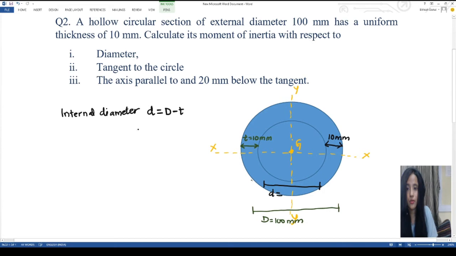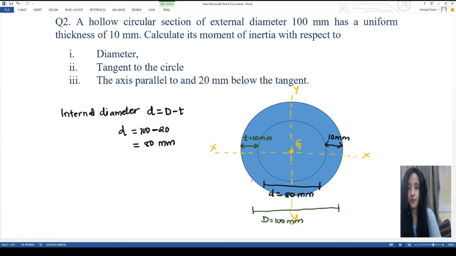The diameter of the outer circle is given as 100, minus the thickness from both sides: from one side it is 10 and from the other side it is 10. So we need to take thickness from both sides, then it becomes 20. The difference is 80 mm. So this is my diameter of the inner circle, 80 mm.